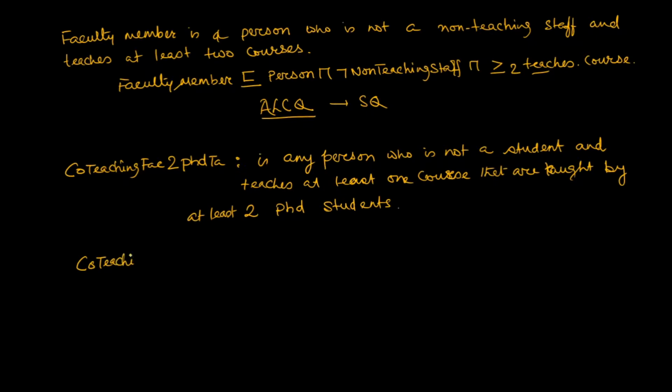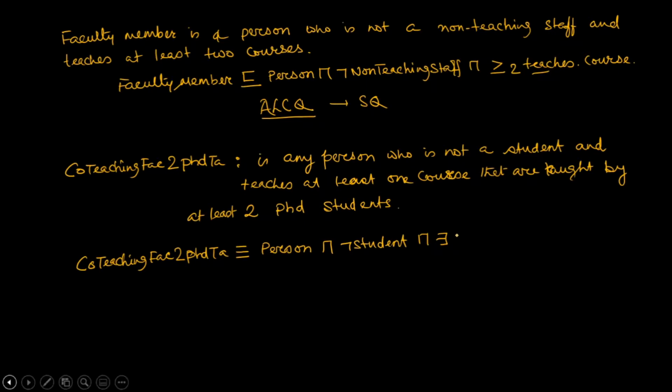So you are defining co-teaching faculty with 2 PhD TA to be equivalent to a person who is not a student, right, and teaches at least one course, right?